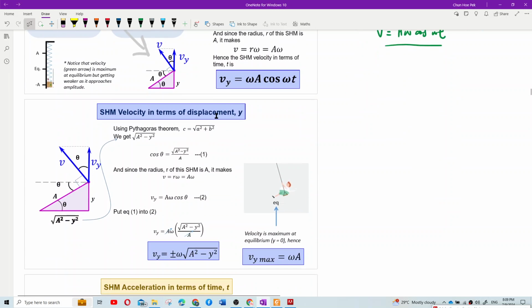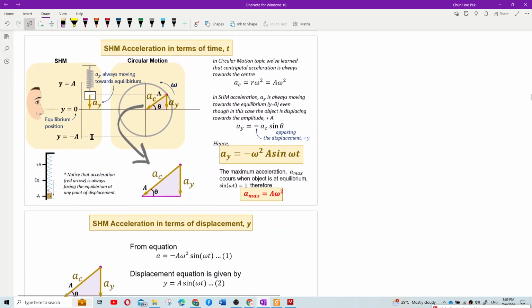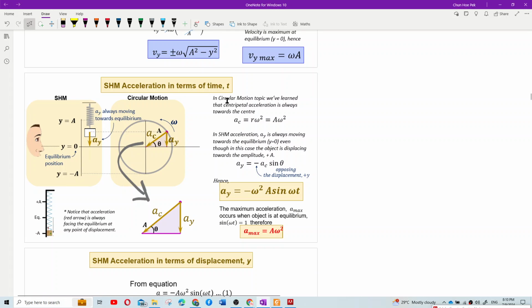Okay, and then we go to another one, the formula for acceleration. We know that acceleration is always towards the equilibrium. Remember? Towards the equilibrium. And then we already learned about centripetal acceleration. Remember centripetal acceleration? The formula is a_c equal to R omega square.